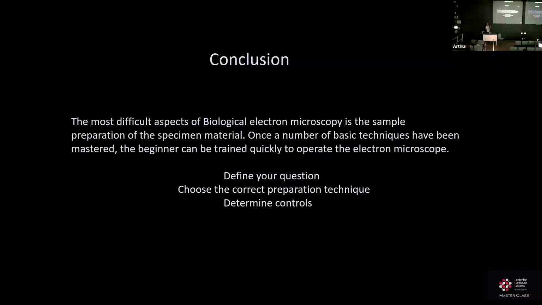For us biologists, we're really not using the microscope to its full capacity in that manner. We're really using it as a camera to document what we've done. So define your question, choose the correct preparation technique, and determine your controls, and never forget your controls, and never forget your negative controls.